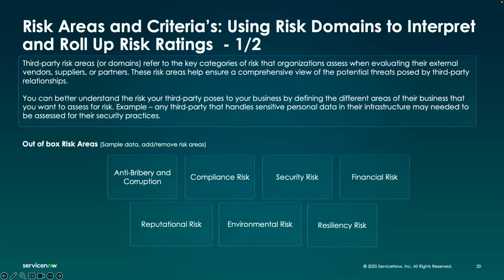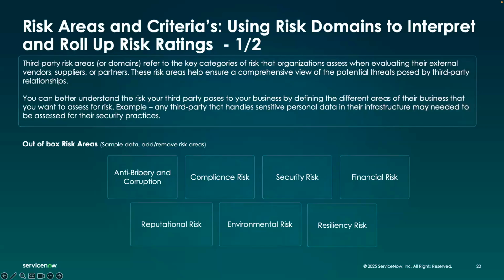They provide a structured way of thinking about what types of risks we are really talking about when we assess a vendor or partner. Why is this important? Well, not every third party relationship exposes your business to the same kinds of risks.